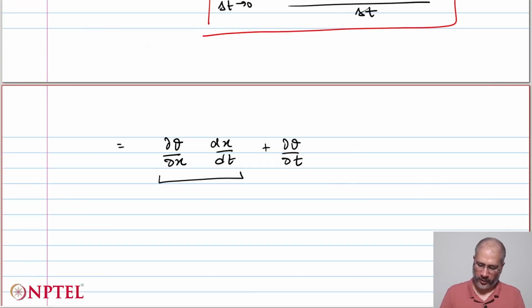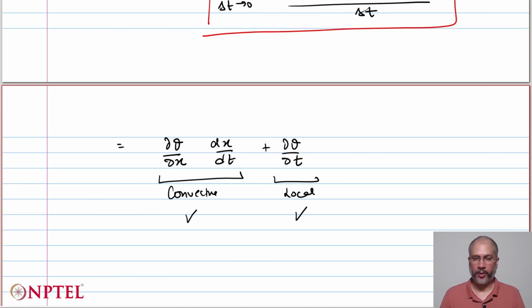So this is the convective rate of change, and this is the local rate of change. So we have finally shown that the material derivative is the sum of convective and local rates of change. And we have shown it mathematically that the change in quantity that you measure by sitting on a material particle is the same as the sum of its convective and local changes.